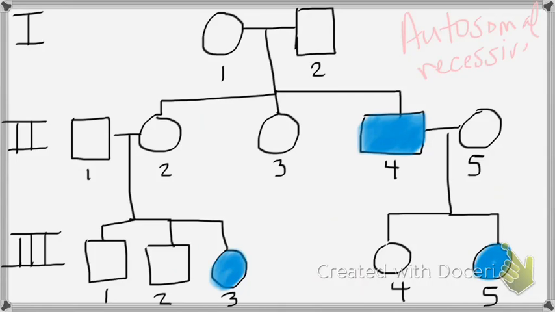Because the children have it. Okay, what kind of children have it? Boys and girls. What if you'd looked up here and it's only in boys? Then it might be X-linked recessive. Remember, X-linked recessive shows up mostly in boys. But I'm seeing it in boys and girls.